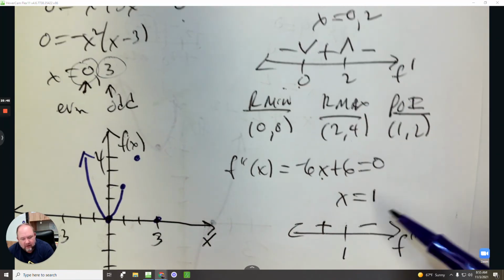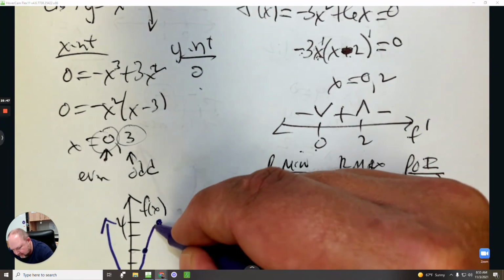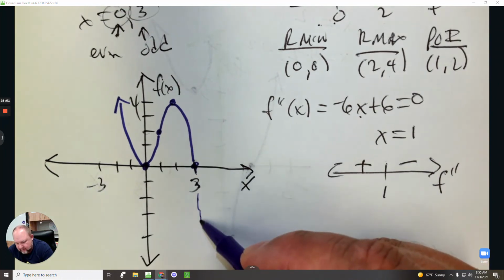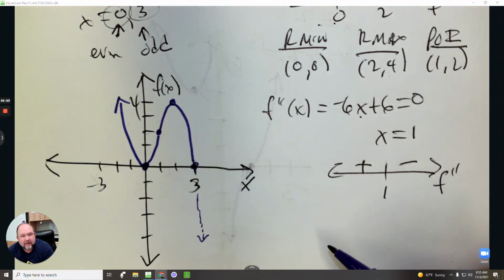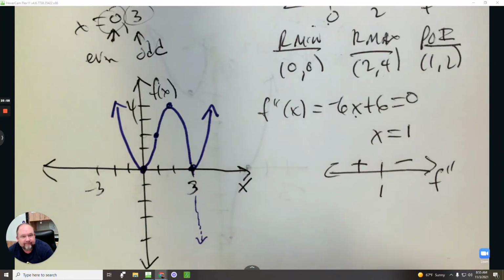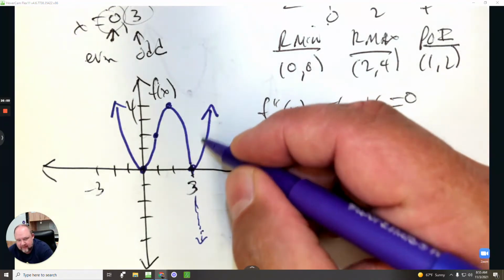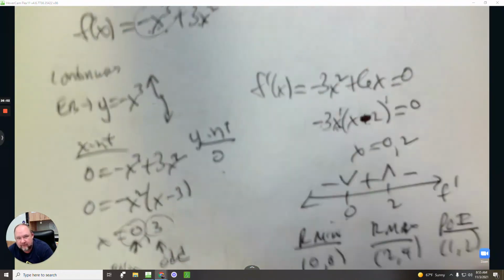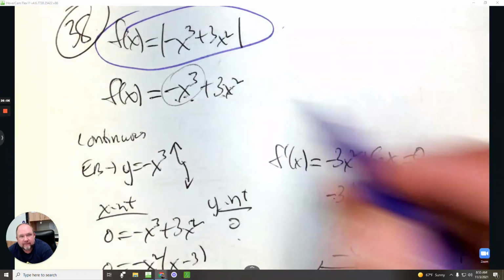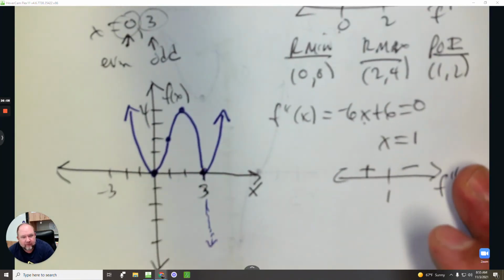And after 1 it's concave down and creates a turning point. Now, normally it would continue down this way, but the absolute value reflects that up. So anything that was below gets reflected up. Just by doing that, I've now graphed this. So that's what the graph looks like.